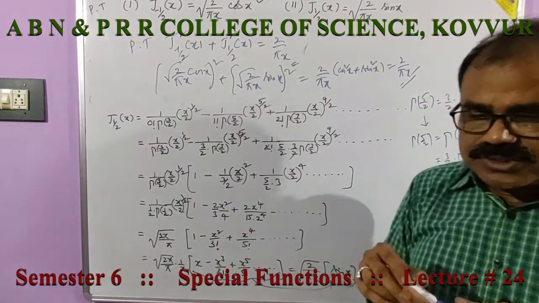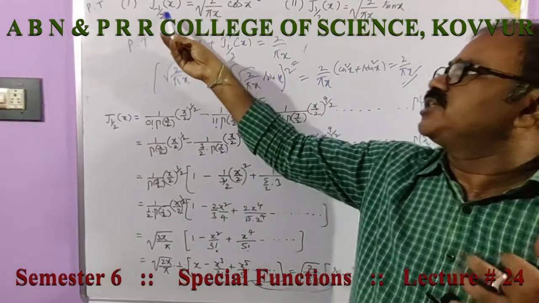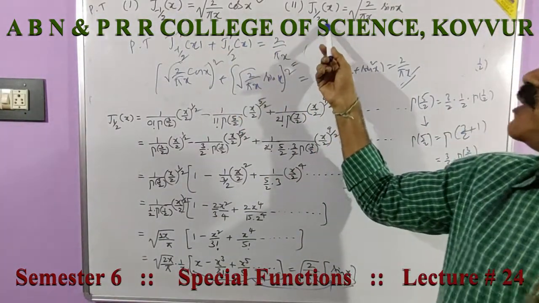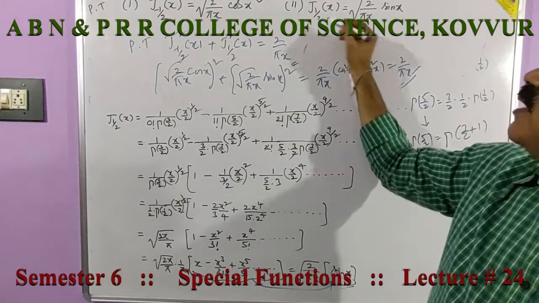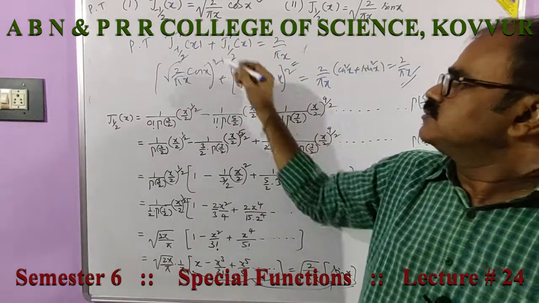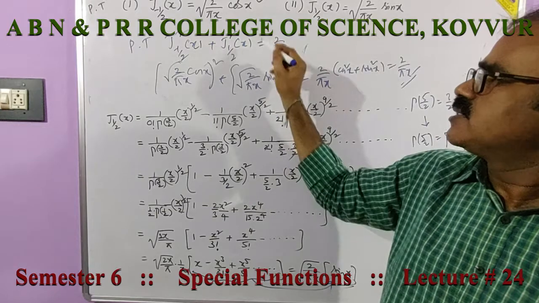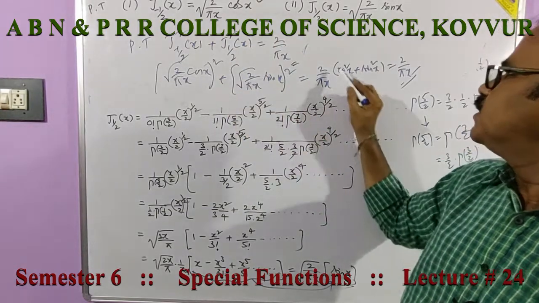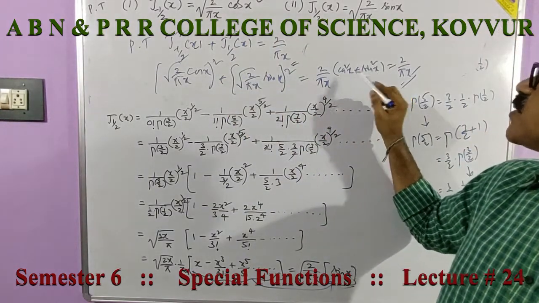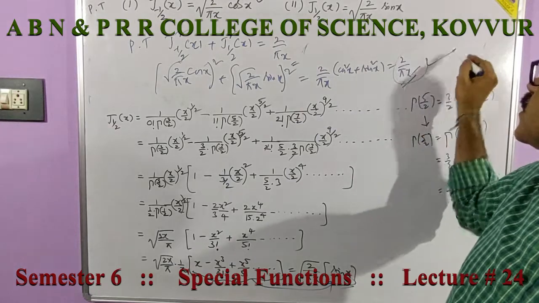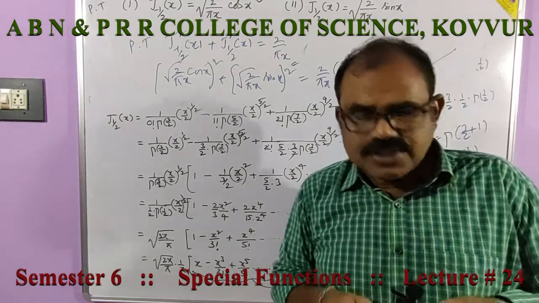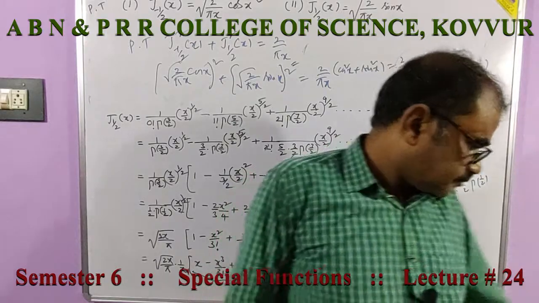If you are asked this question, you take J minus 1 by 2 of x and J plus 1 by 2 of x, square these and sum up, and you get 2 by pi x into sin square x plus cos square x, that is 2 by pi x. If that question is asked, you may answer.